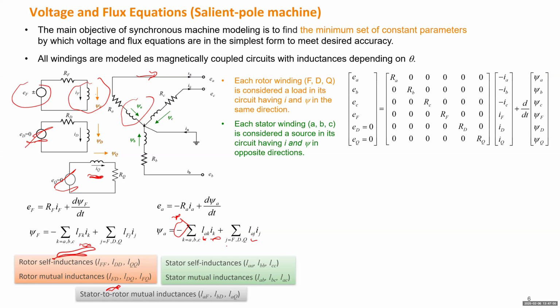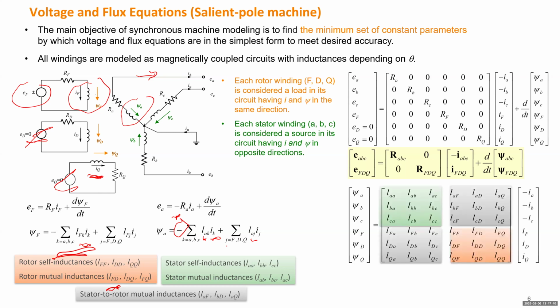The first item is a diagonal matrix of all the resistances of the six windings, multiplied by a column of currents. In this column, the stator current has a negative sign because we defined the opposite direction. Plus the time derivative of the flux linkages of all windings. You can also write this equation in a block matrix form to make it simpler.